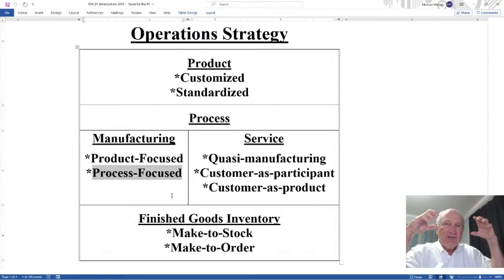I have a lot of products I want to build, and so I'm going to have a shop, a job shop, and that shop can do different jobs because I'm focusing on the processes. So I'm going to have a machining department, a saw department, a sanding department, and that department is going to have all of this equipment to do that specific job or part of a job.